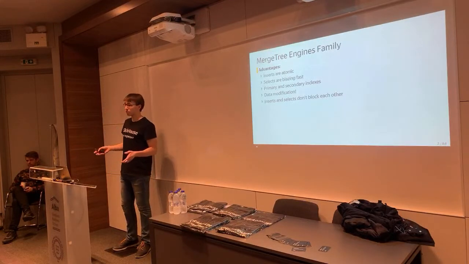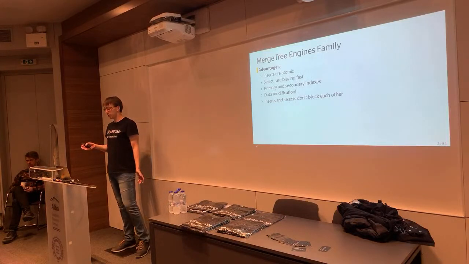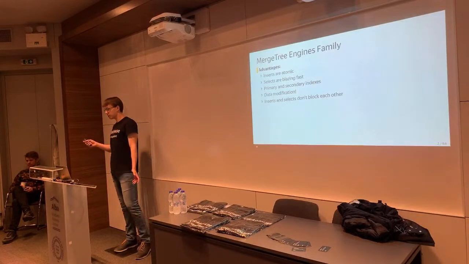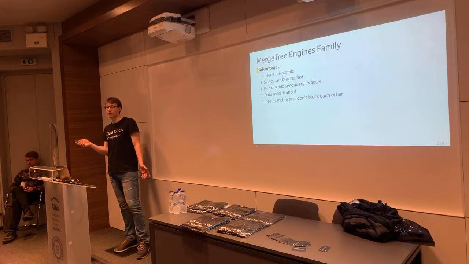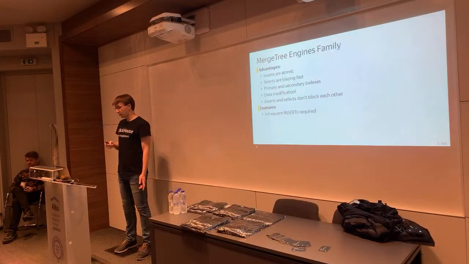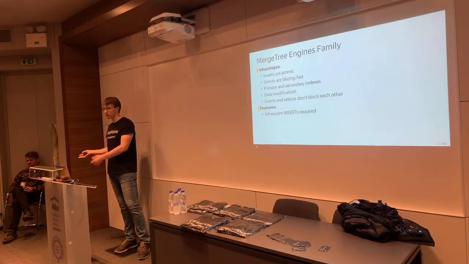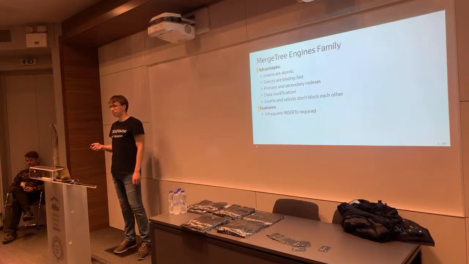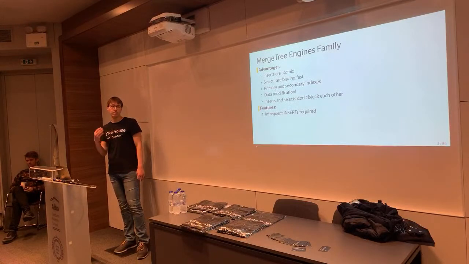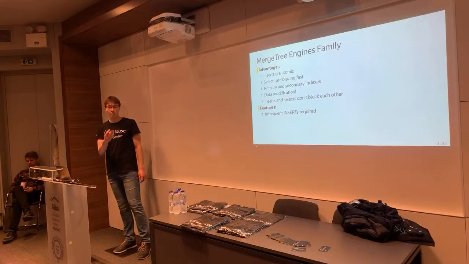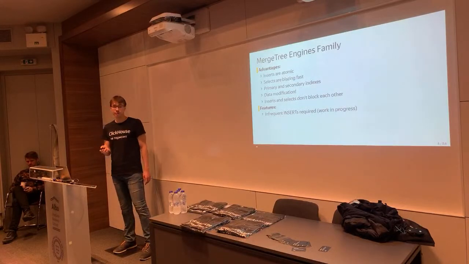And of course, most operations with MergeTree don't block each other. You can execute them concurrently. And of course, the storage has some features or properties, and at first glance, they may look like drawbacks. First of all, as Alexander already said, infrequent inserts are required. So a good point to start is to have one insert per second. And I think that this is actually a drawback, and we're already working on it.